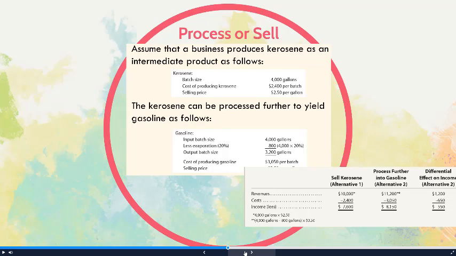We'll look at the cost associated per batch, which is $3,050, and we can see that we have an income of $8,150. Therefore, looking at these two alternatives, we would have additional income of $550 if we choose to process it further into gasoline, and that should be our decision.